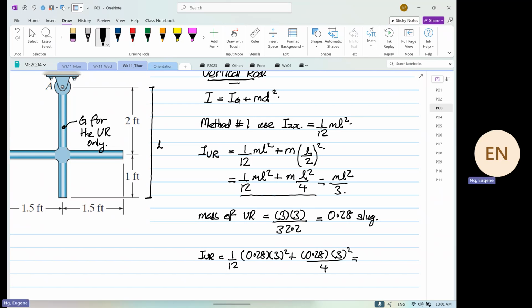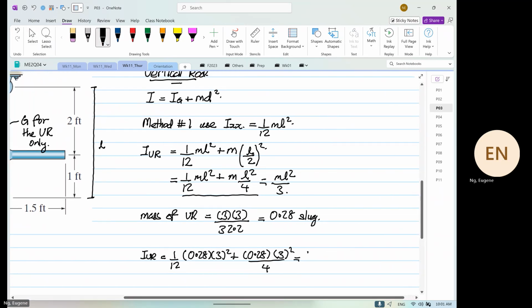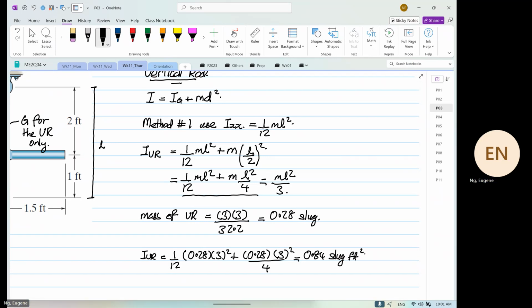So this will be equal to 0.28 times 3 squared divided by 12, plus 0.28 times 3 squared divided by 4, which is equal to 0.84 slug feet squared.